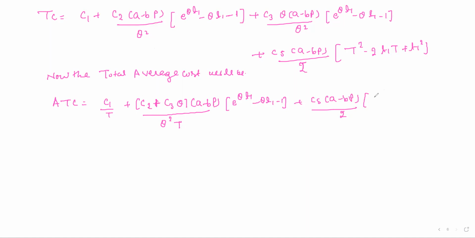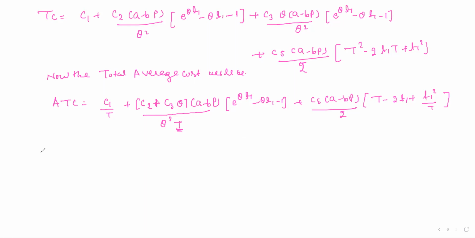When we divide it by T, then we get T minus 2 T1 plus T1 square by T. Now this is the average cost function. Now we aim to minimize the cost function. So we use the principle of maxima and minima here. Since this is a function of two variables, first variable is T and second is T1, we will partially differentiate with respect to T and T1.